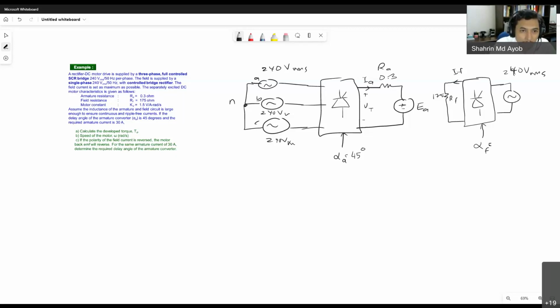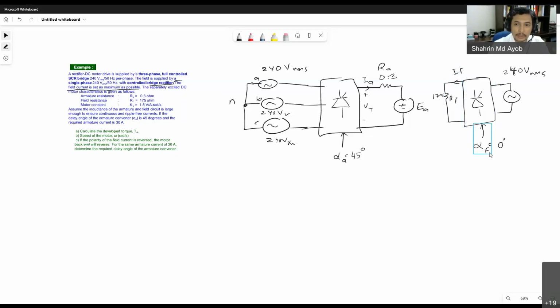This one: the current of the field circuit is set as maximum as possible. So meaning that the current IF is at its maximum value, meaning that your delay angle alpha is 0, right? Because if you delay the angle, your voltage will be smaller, and the current will also be smaller because your load is only a resistor. So the voltage RF and the current IF are proportional.